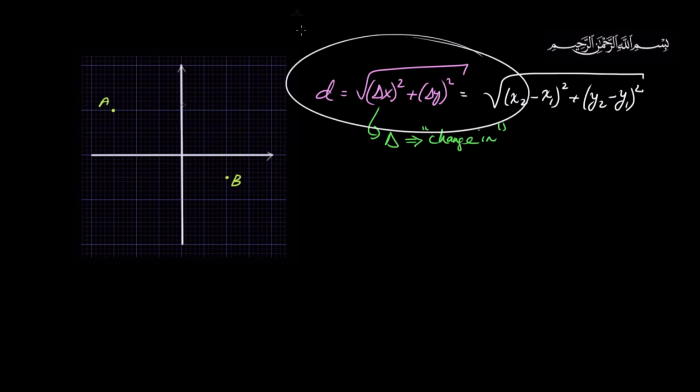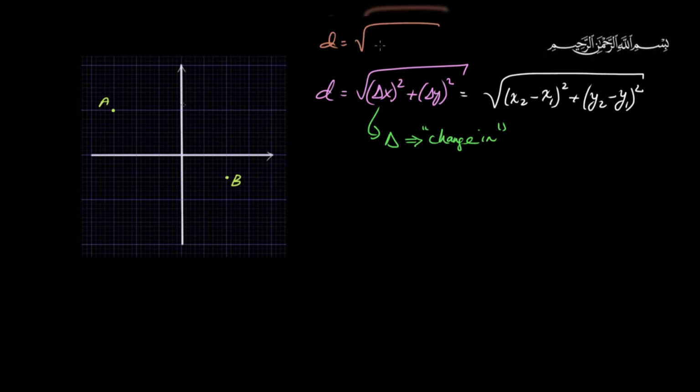But this shorter version of the same formula is much easier on the eyes and easier to remember, so that's how I typically write the distance formula. Specifically, the distance between 2 points is the square root of change in x squared plus change in y squared. Of course, when we talk about x2 and x1, y2, y1, we mean any two ordered pairs.